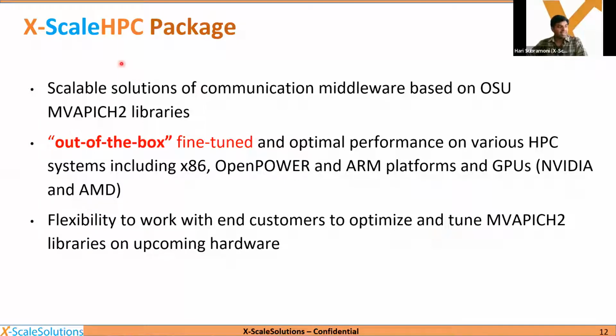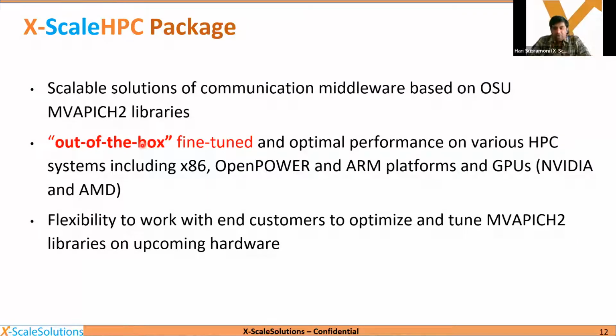So what is the Xscale HPC package? The Xscale HPC package offers scalable solutions based on OSU's MVAPICH library. These are out of the box solutions, which means that you take it, you install it, and that's about it. You don't have to worry about anything else. And again, you might ask, why do I really need to worry about things?